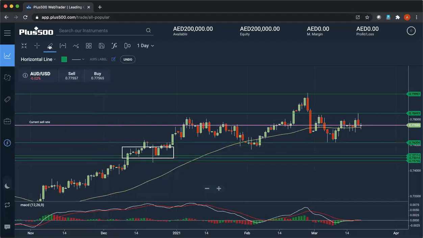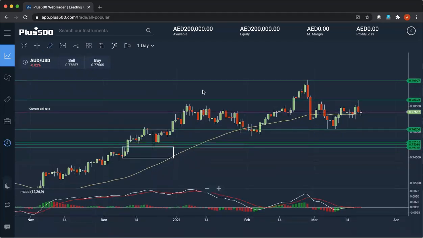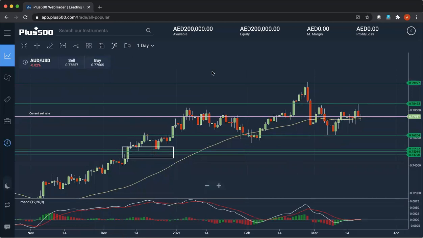So basically we have 3 IPLs which together act as a support. Remember, we are looking at the daily chart, so in the daily chart we can combine multiple IPLs into one support or one resistance area.